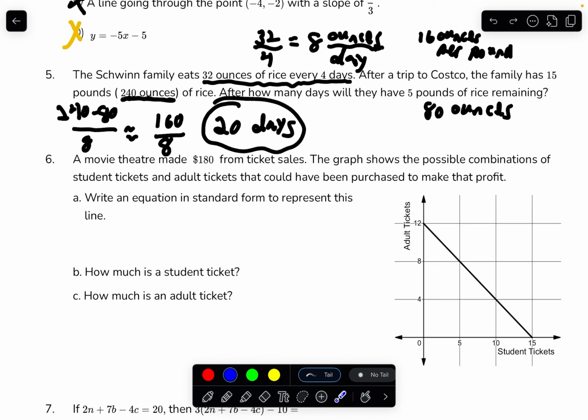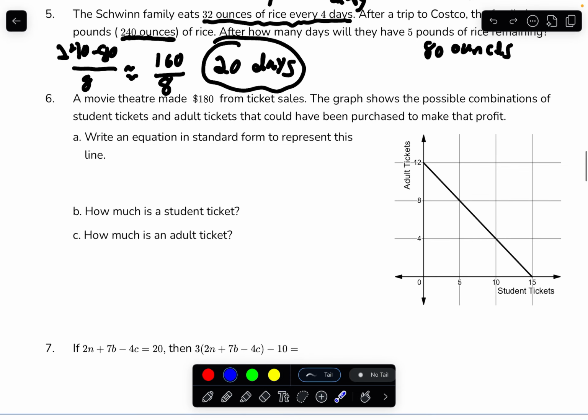And that told me that there were 80 ounces in 5 pounds. So once I figured out how many ounces 5 pounds was, I subtracted that number of ounces from the 240, which left us with 160. And then I divided it by our rate, which is in ounces per day. Okay. And 160 divided by 8 is 20, and that's 20 days. Woo, that was a tricky question.